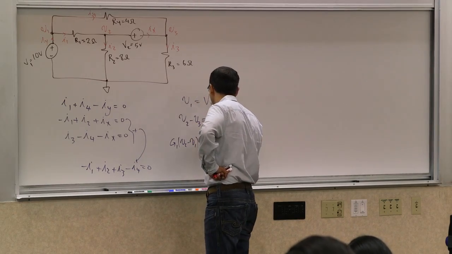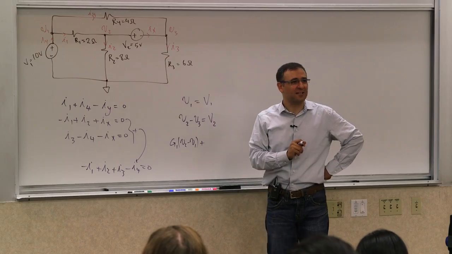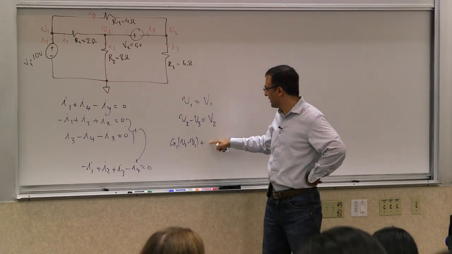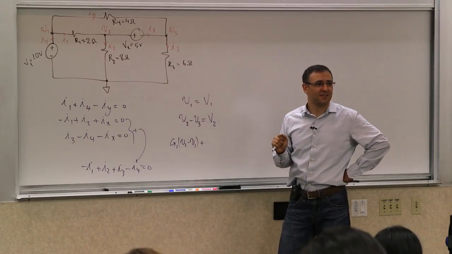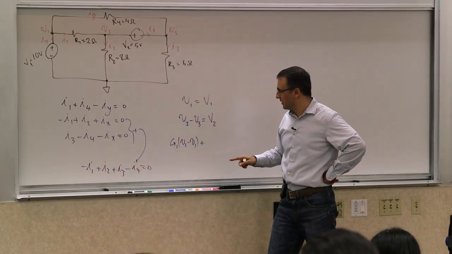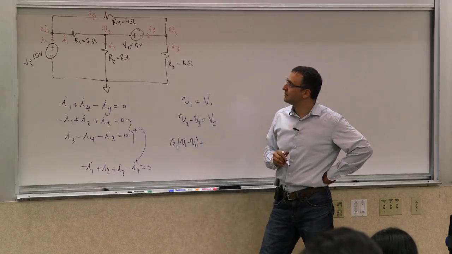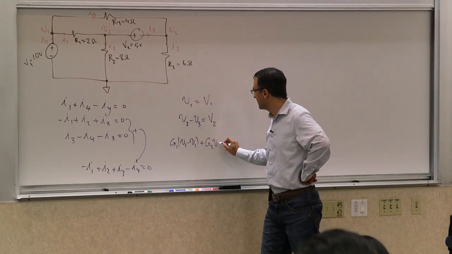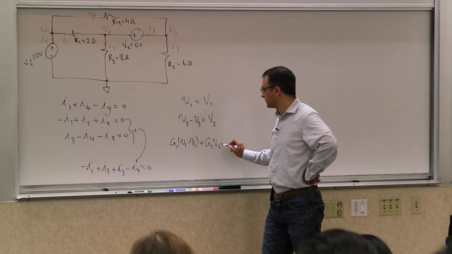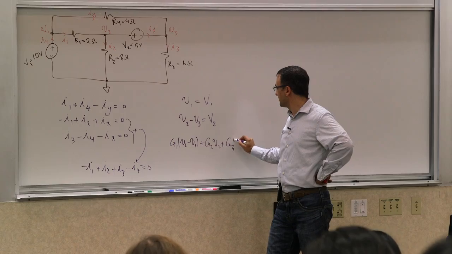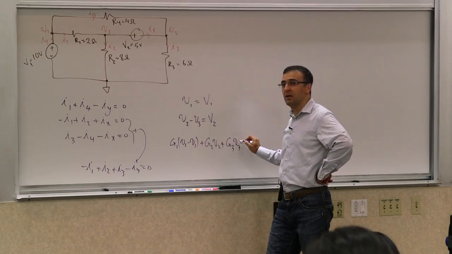Okay, so this is good enough for you guys. So let's do it. Who was next in line? Can you give me the rest of the terms? So I wrote the negative I1 term. So go to the I2 term. G2 times V2, exactly. And I3, G3 times V3, yes.